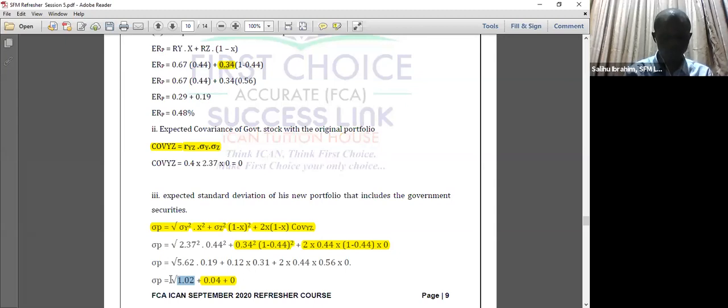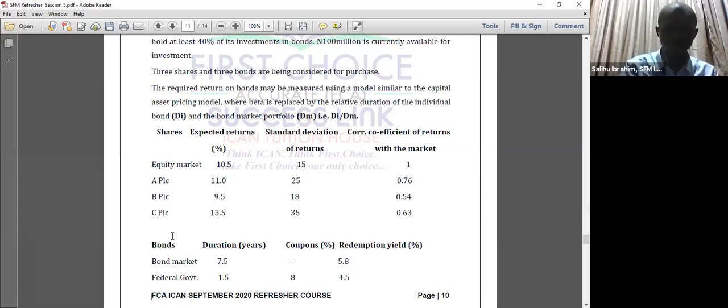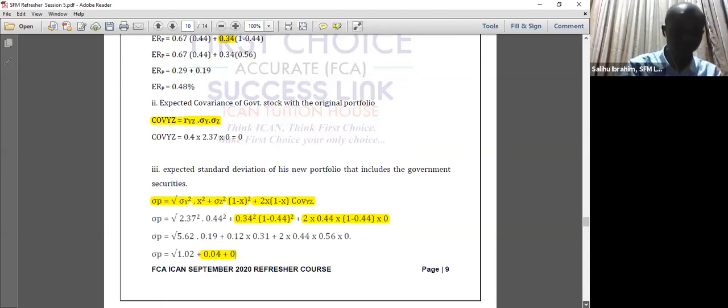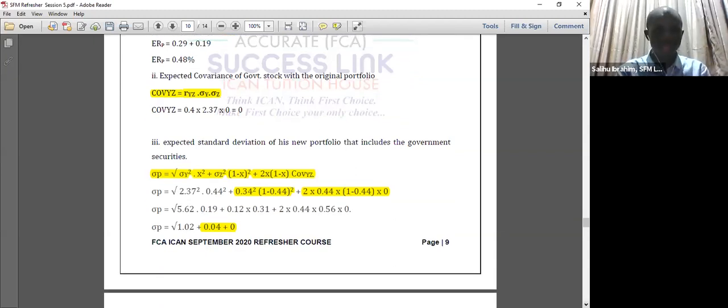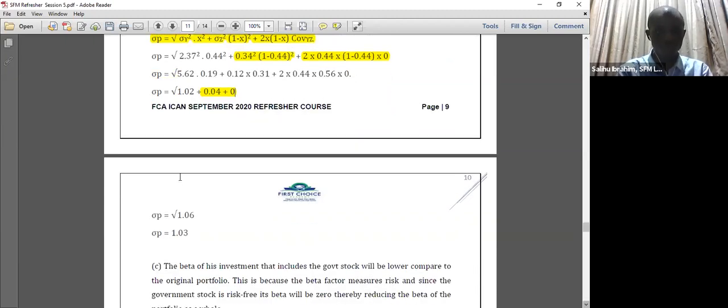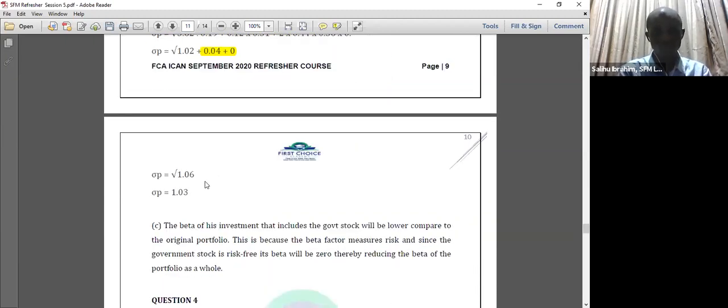Square root of 1.02 should give me around 1.01. So that is how the standard deviation of that portfolio that includes the government security should be computed. Okay, I believe that is clear. So this is not going to work. Use 1.02, this should be 1.01.